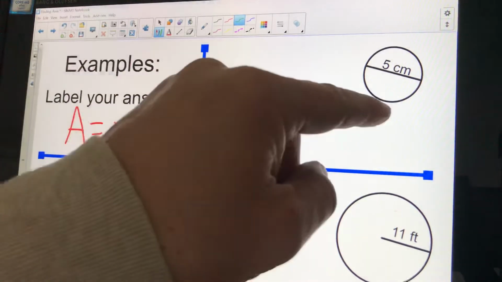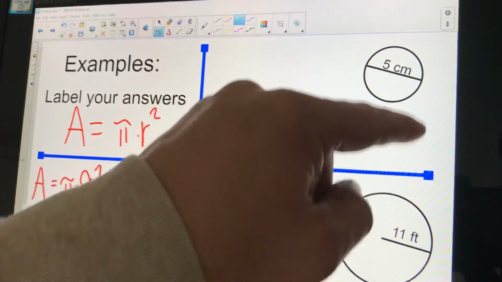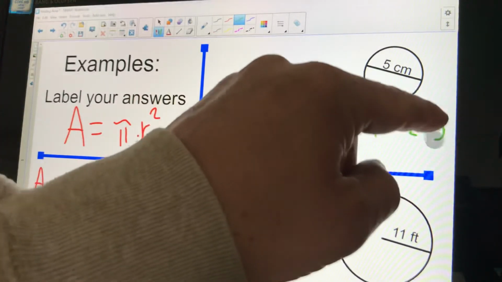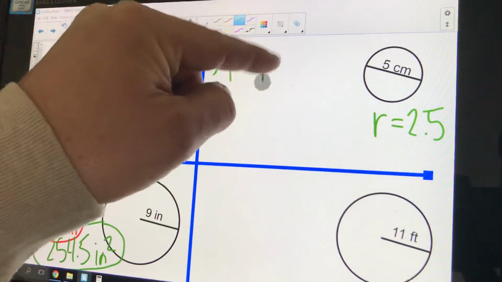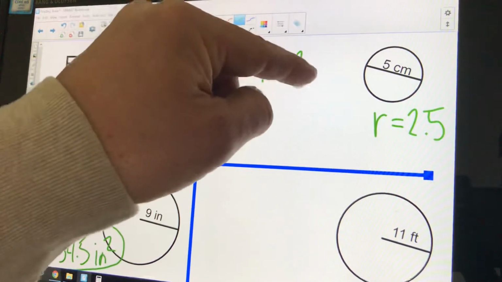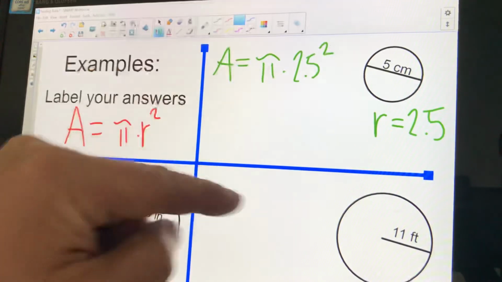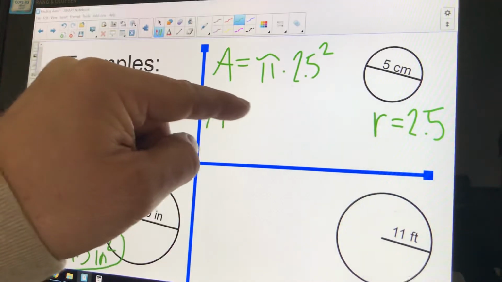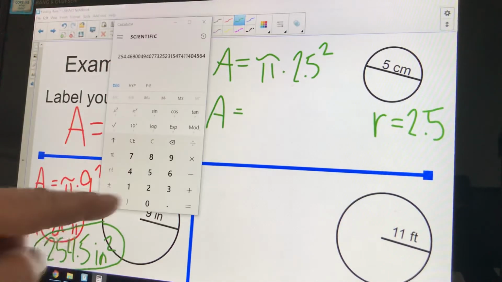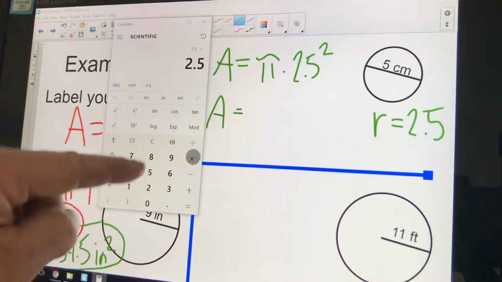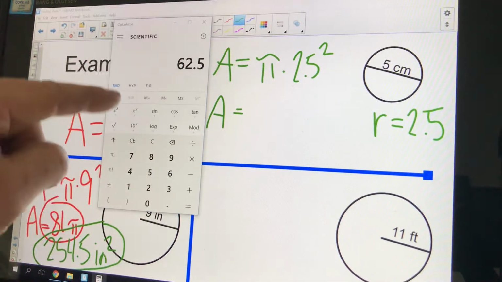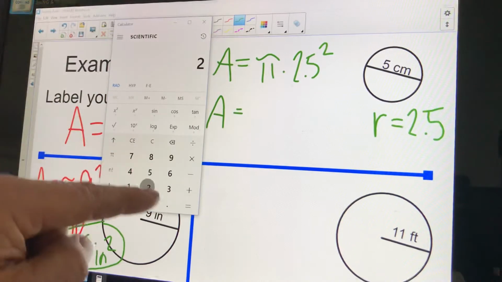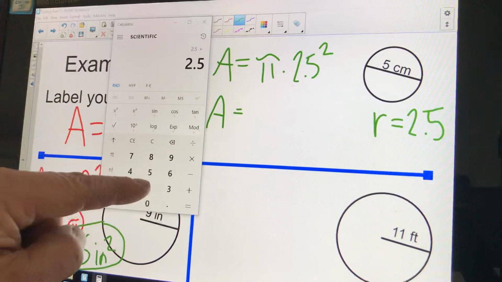Up here in the corner, it says 5 centimeters for the diameter, but we need the radius. So the radius is going to be half of that, or 2.5. Area equals pi times 2.5 squared. I've got to do 2.5 times 2.5 because I'm squaring it. I think I did one of those as 2.5 times 25.